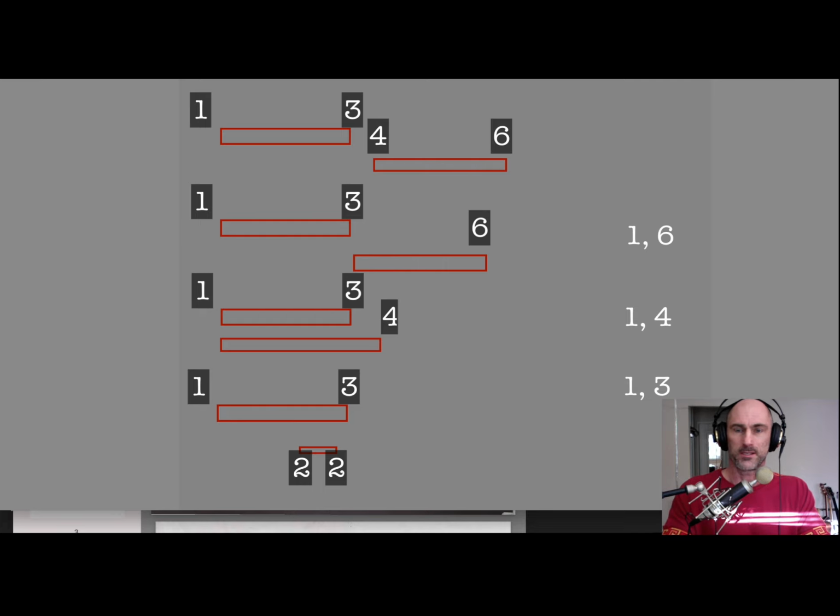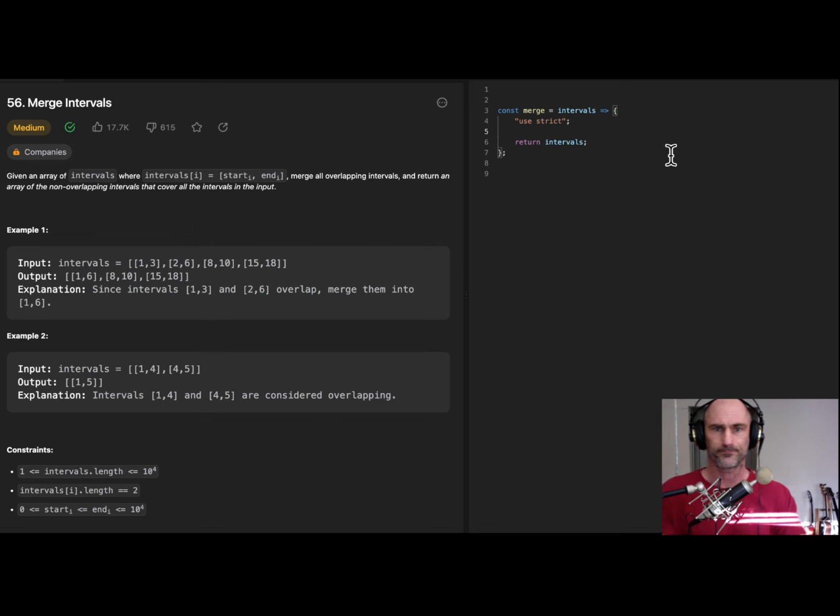Okay, so let's get to coding right now. We're going to modify the input array, and I'll say something about that in the end. But we're going to say intervals.sort(A, B), and we're going to return A0 minus B0. Next, we're going to create a function, mergeIntervals.